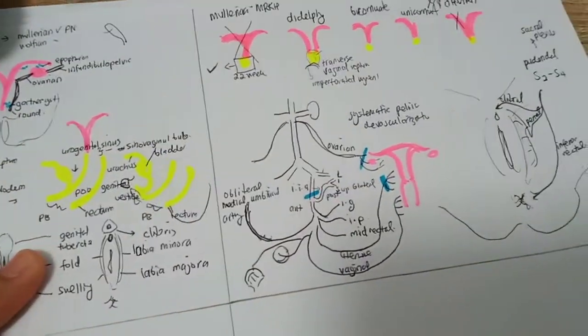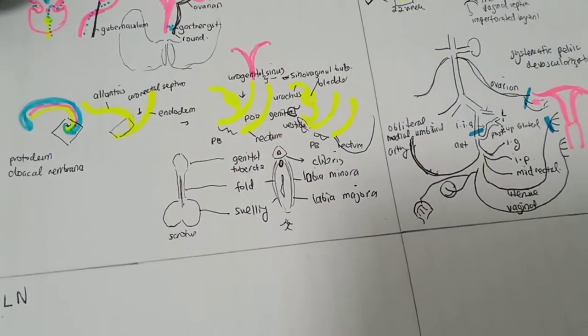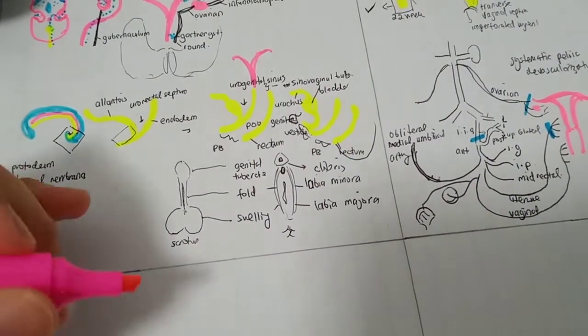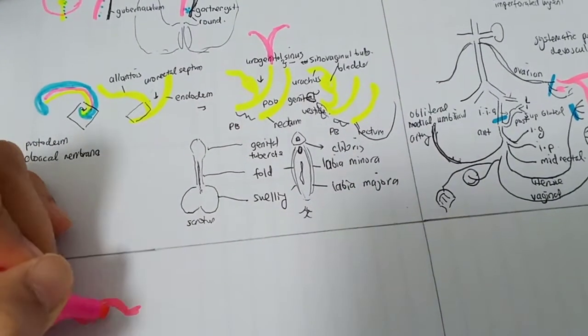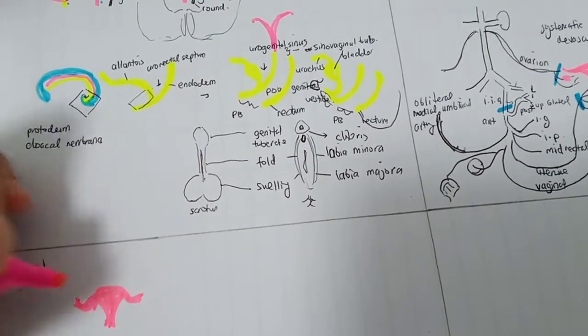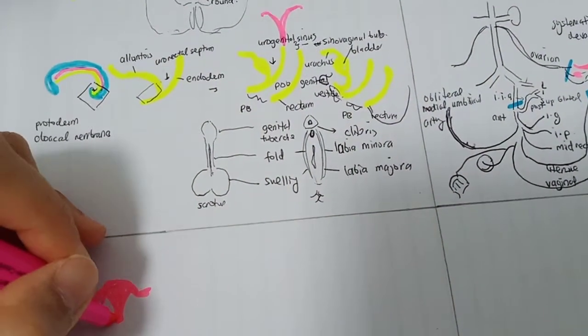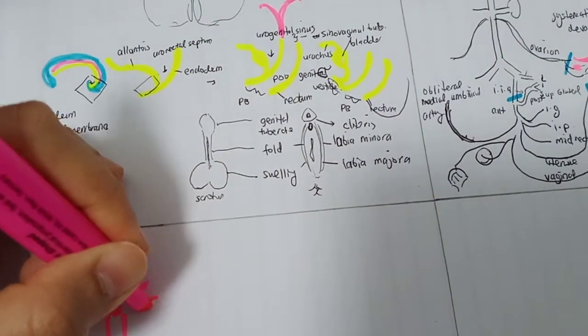And what about the lymph nodes? As we know, the lymph nodes are very important, especially when we talk about gynae oncology, because we want to know the methods of dissemination of the disease. So we have the ovary here.